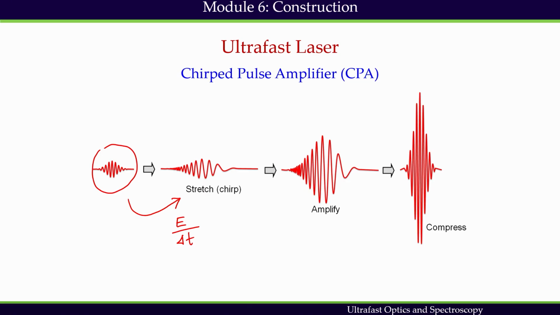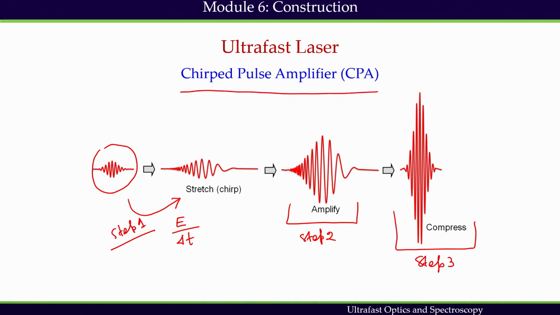So, we have to stretch the pulse so that the peak intensity can be dropped. Then you amplify the pulse and then recompress the pulse. This is step 2 and this is step 3. So, this scheme is called chirped pulse amplification.